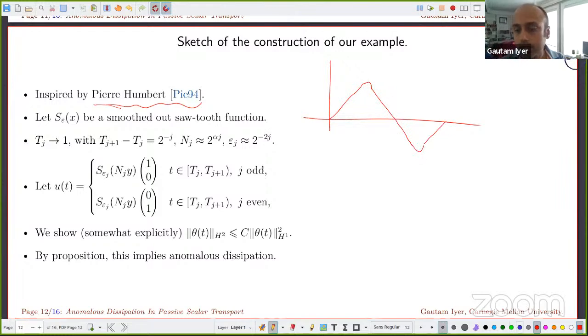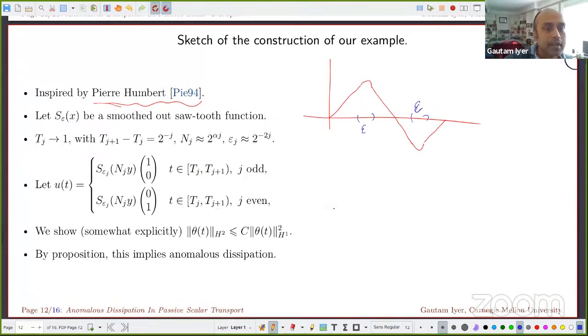I have a little smoothing, so this distance here is epsilon. Instead of a corner, I smooth it out in some small epsilon neighborhood, just to make the flow smooth. If not, it's perfectly Lipschitz, and that's good enough for me. I call this S epsilon.